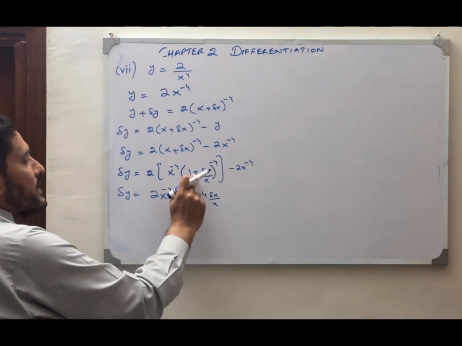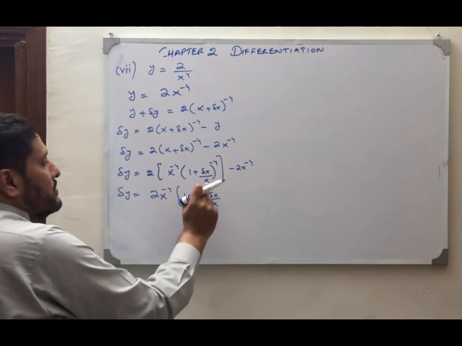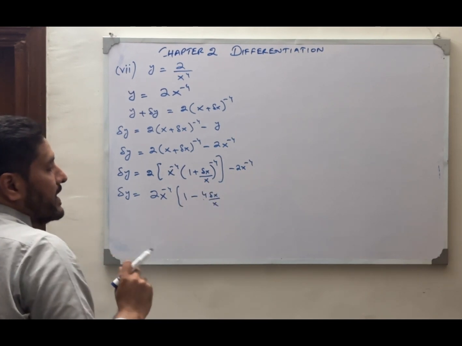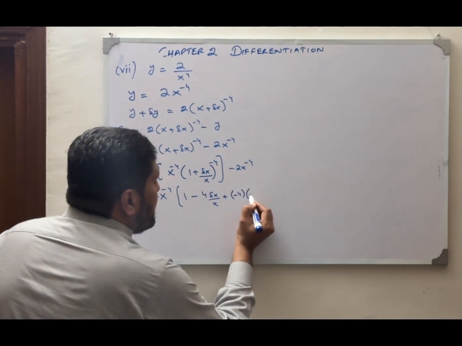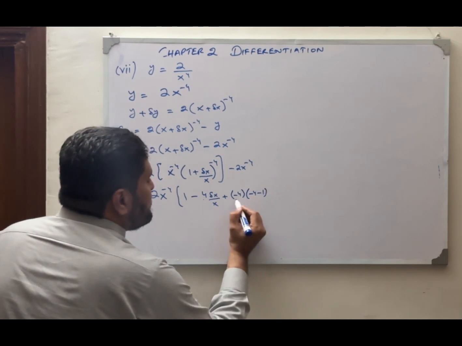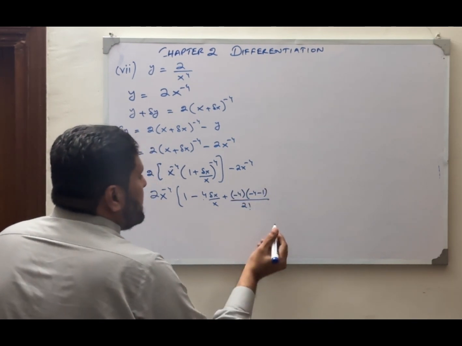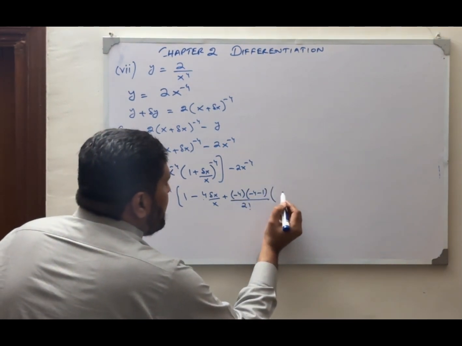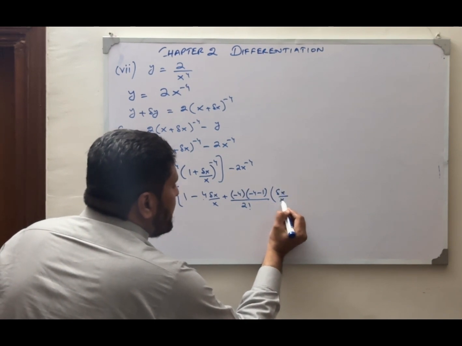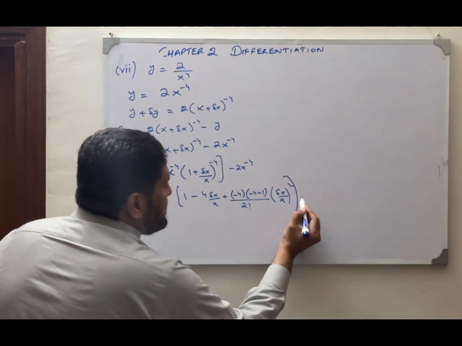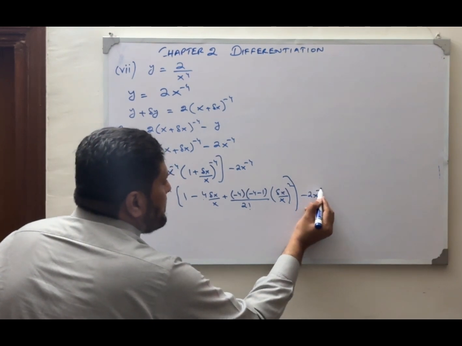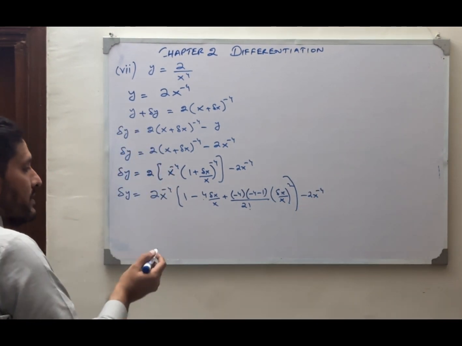So 1 minus 4 into delta x by x, plus n into (n minus 1) divided by 2 factorial, that is minus 4 into (minus 4 minus 1) divided by 2 factorial, into (delta x by x) whole square, and then the last term minus 2x power minus 4.